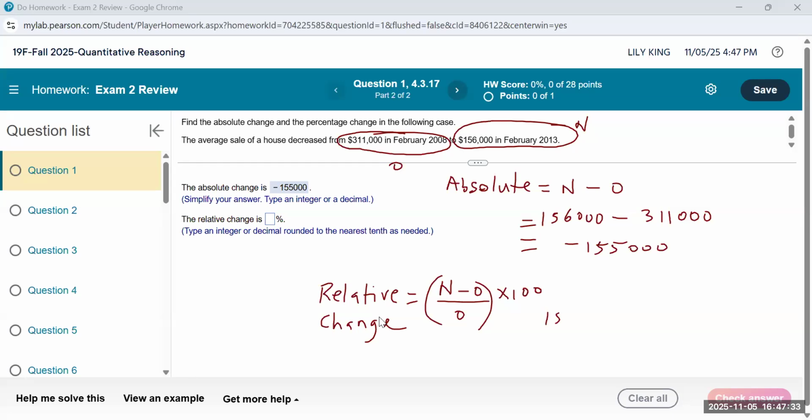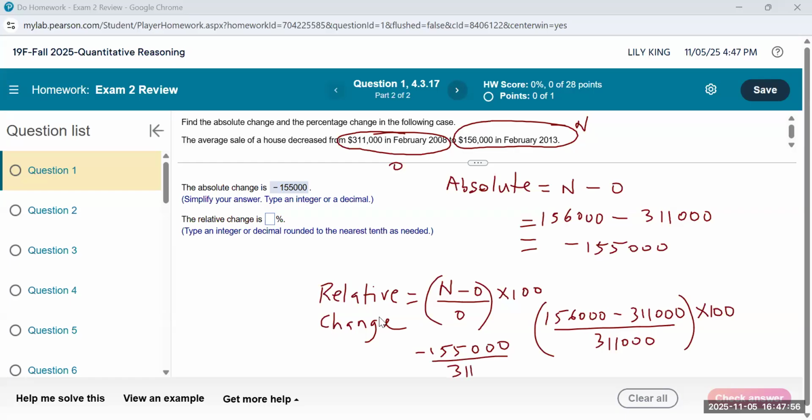We have 156,000 minus 311,000. Divide that by your old value, which is 311,000, and you express that as a percentage by multiplying by 100. So you end up with negative 155,000 divided by 311,000 and multiply by 100.